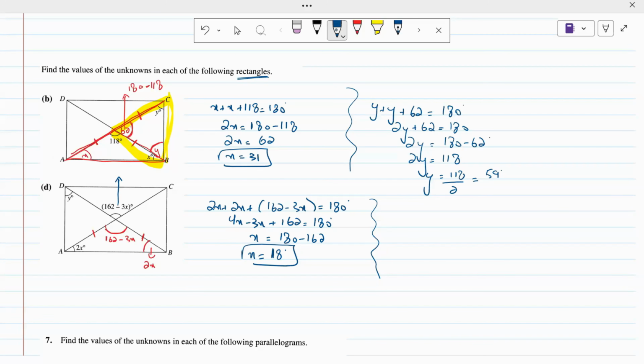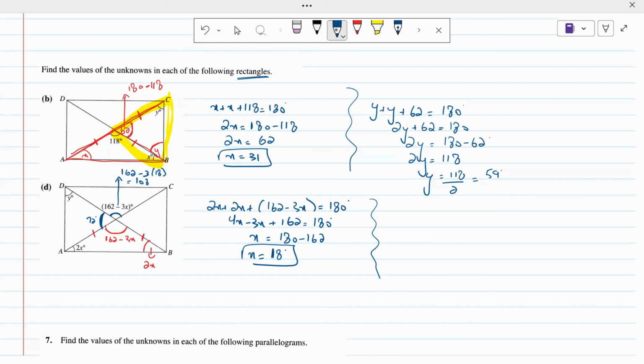When we substitute the value of x, this becomes 162 minus 3 into 18, which is 108. So this angle as a whole is 108. So we can find this angle: it would be 180 minus 108, that's 72. So here we have 72.